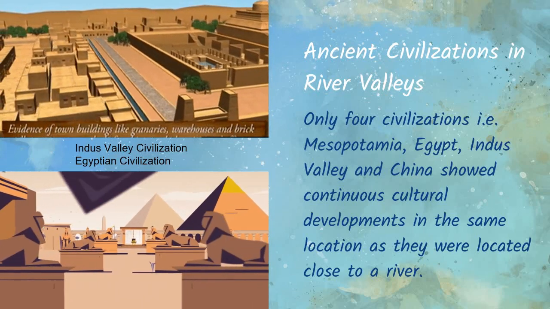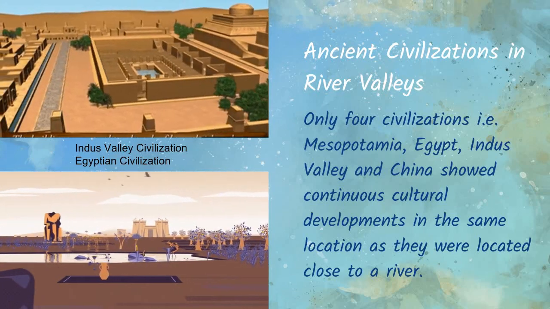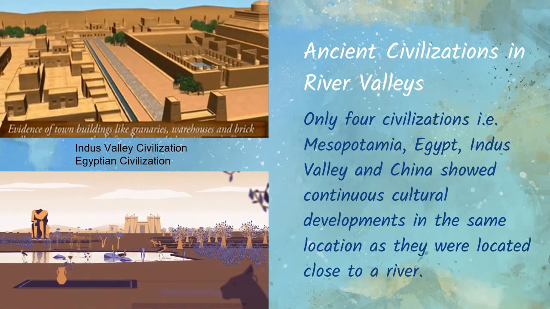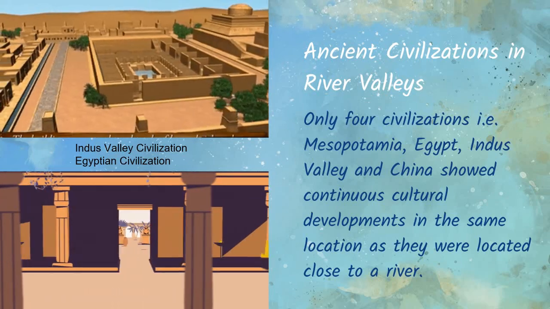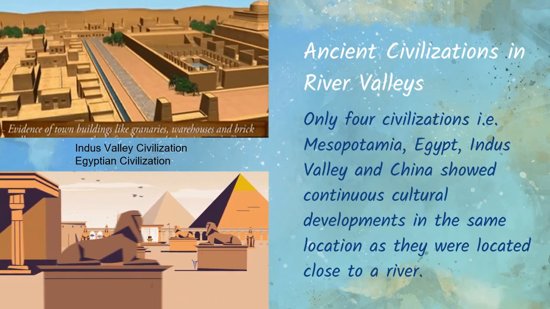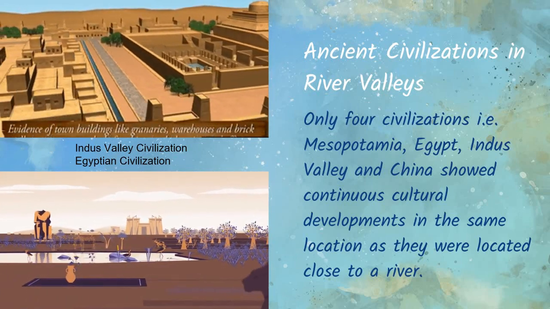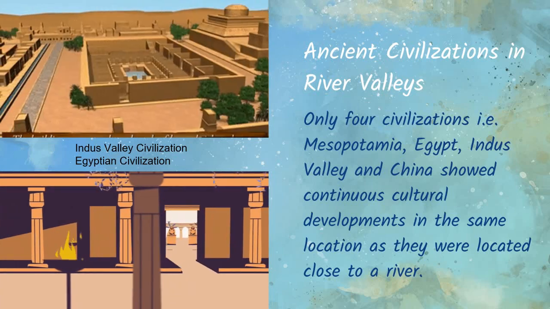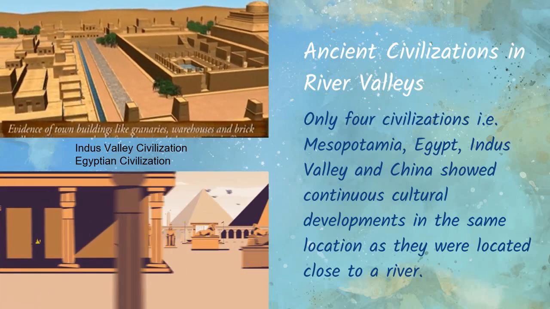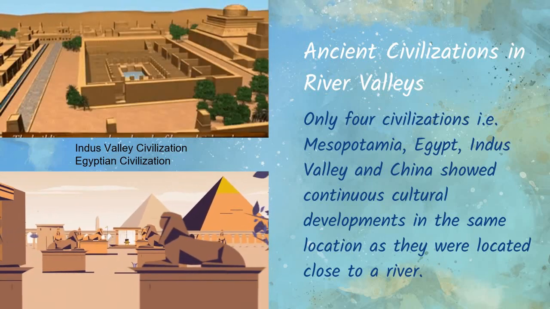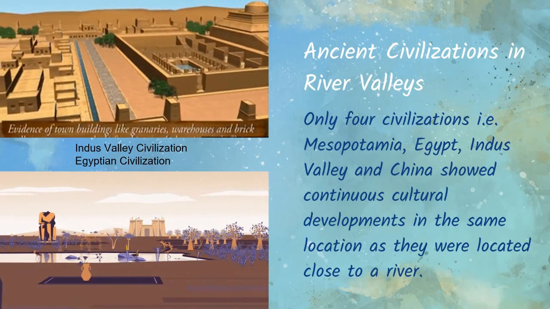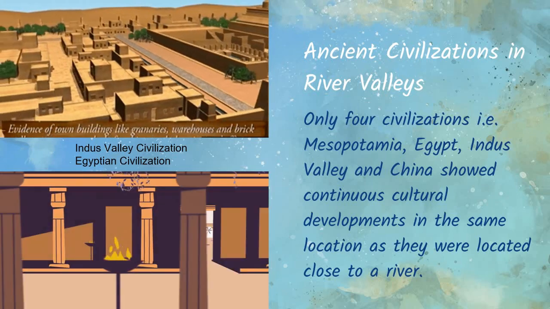Later communities were able to develop by taking advantage of the rainy season. People began to find permanent communities in fertile river valleys. They settled around rivers for a number of reasons.